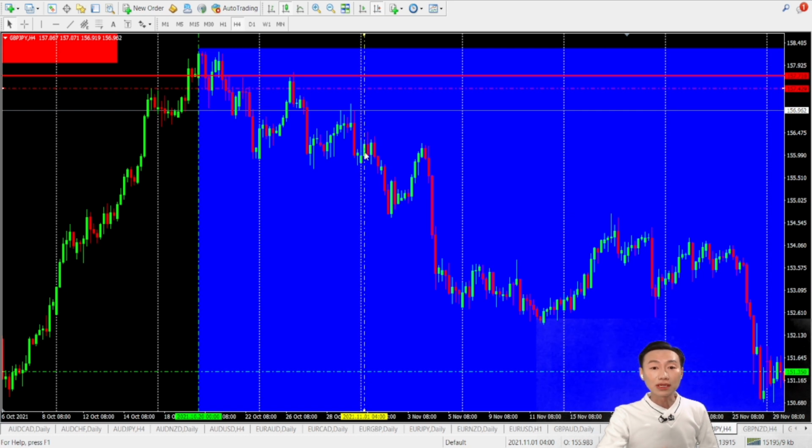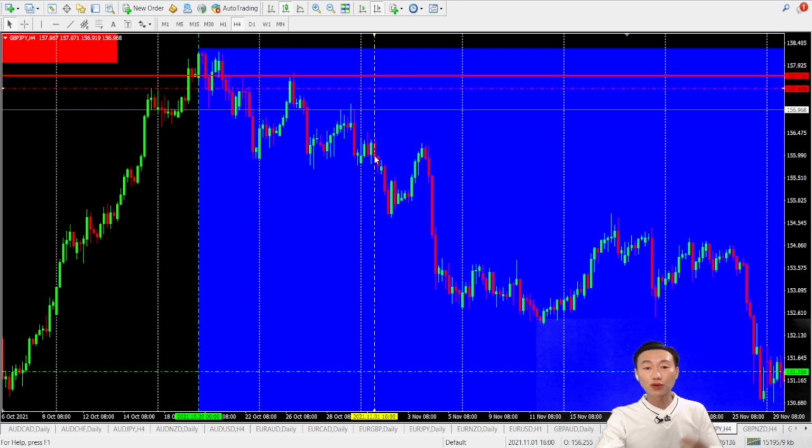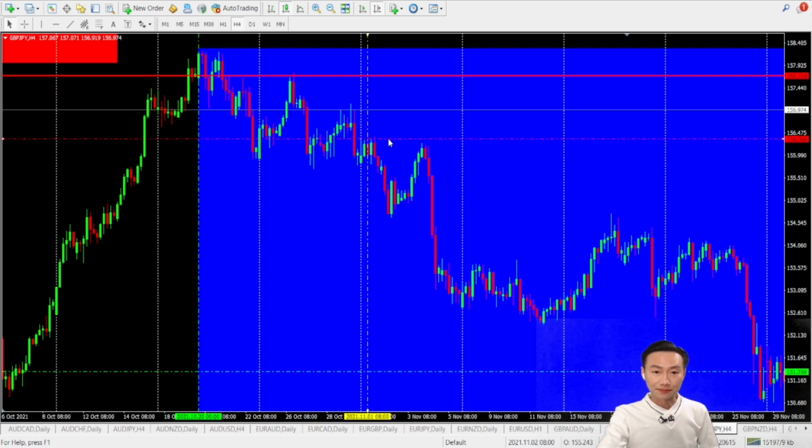It started to have green, red, a little bit of ranging for the past 12 hours, and this can form up a newly built up resistance again over here. So when this builds up, can I sell?